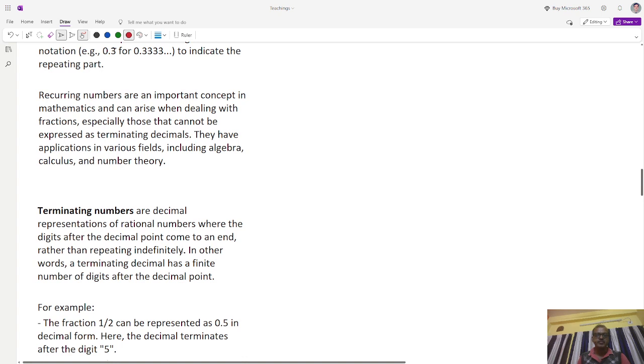Terminating number. Terminating, you know the English word, which has an end, like 2 by 5. If I divide 2 by 5, then what do we get?